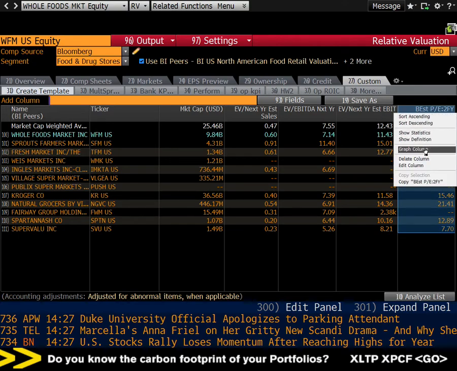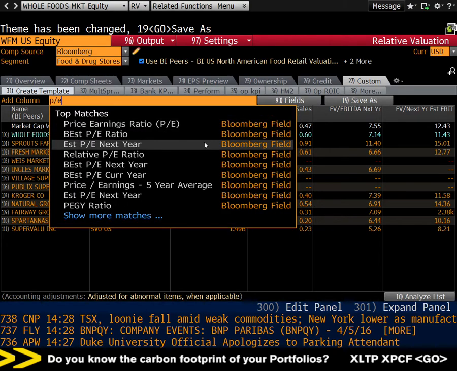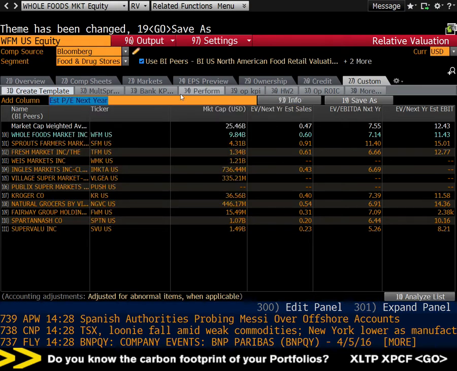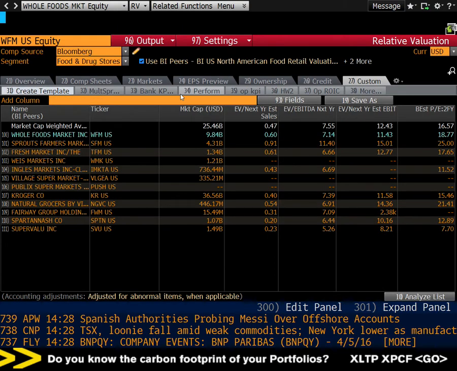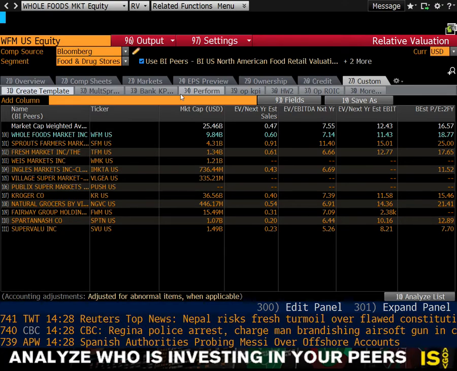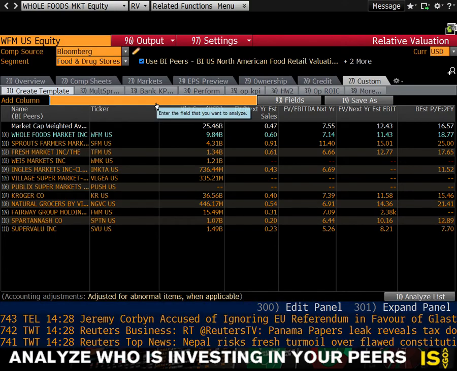Let me remove this. In the last class, I just want to keep it consistent with the last two classes. I use the estimated PE for next year. I think it's the same number, but just so you have the same field names. Okay? All right. So, next we'll need what's called the price to book multiple, P/B.